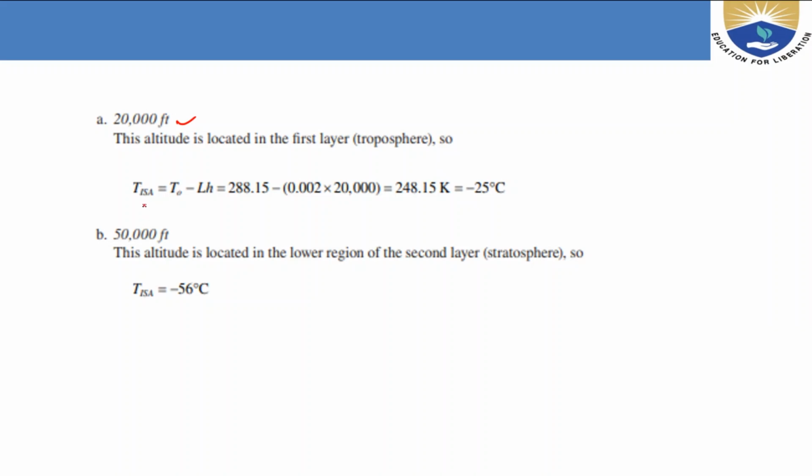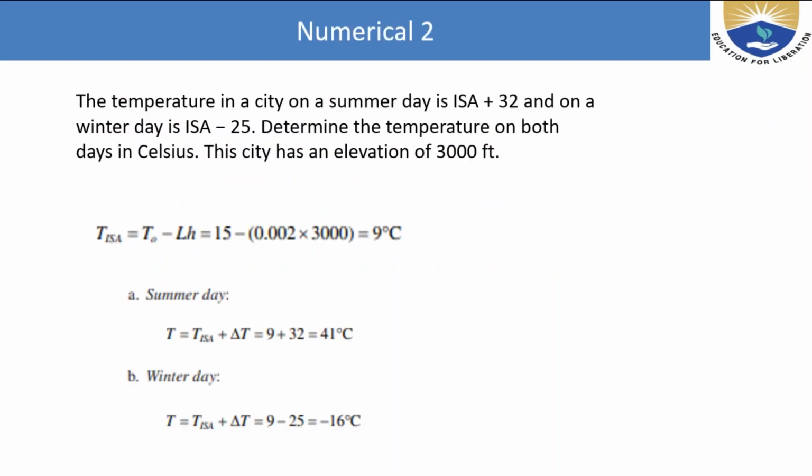So we can write here that T_ISA is equal to T naught minus L times H. T naught is equal to 288.15 minus, L is the gradient, 0.002 into 20,000, you will get 248.15 Kelvin or minus 25 degrees centigrade. And the same way, if you do at 50,000, you just put this value here and you will get minus 56 degree centigrade.